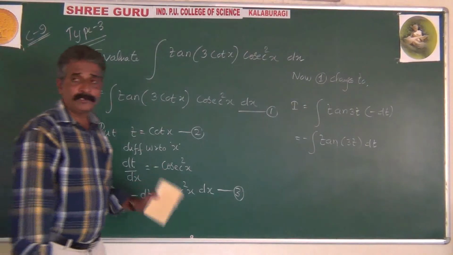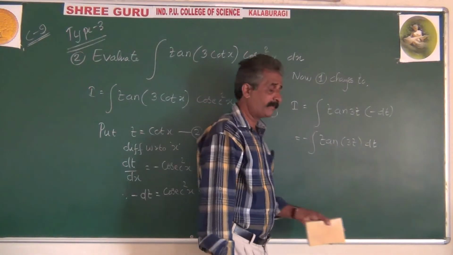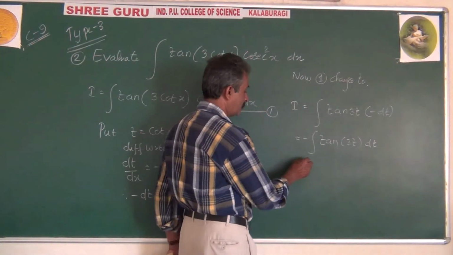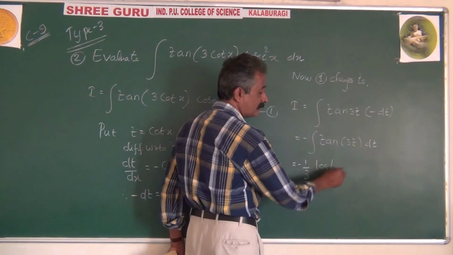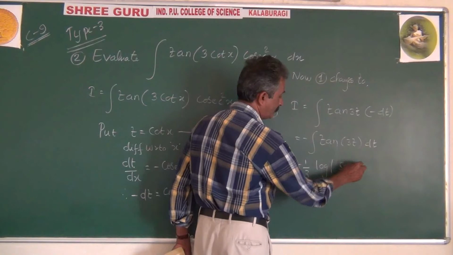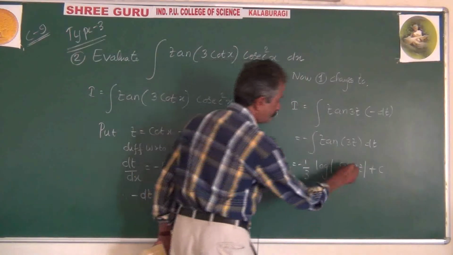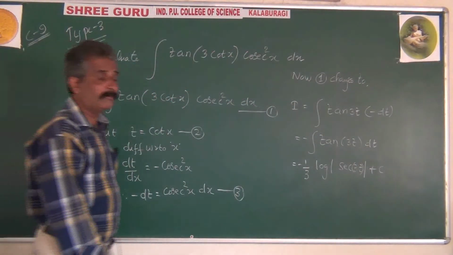Now it's a direct formula type. What is the integration of the tan function? Log of secant function divided by 3. So that is minus 1 by 3 log of secant 3t plus constant. Replace back the value of t.